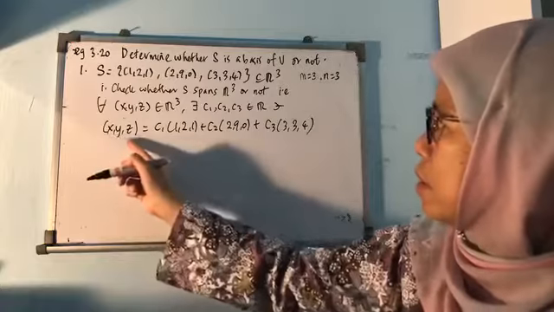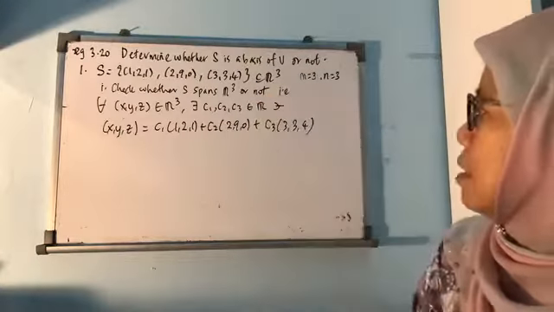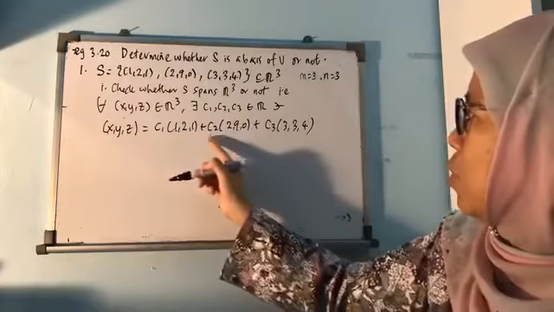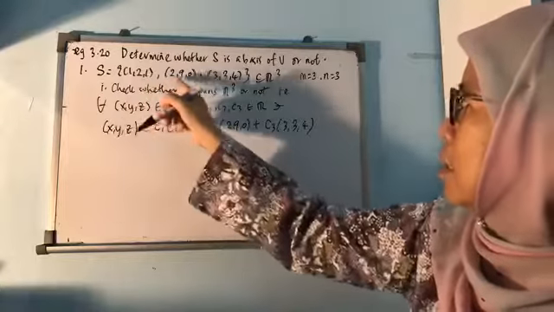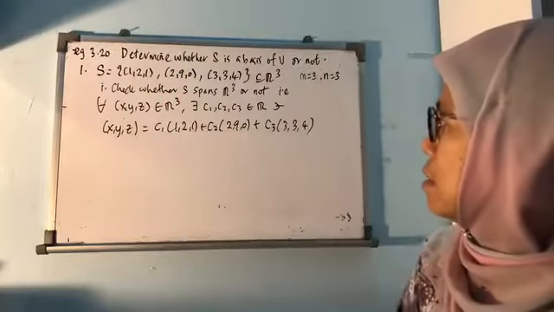Okay, so you have to come up with this. How do I know it's x, y, z? Because it's R3. How do I know c1, c2, c3? Because there are 3 of them. Okay, and then you multiply by this.